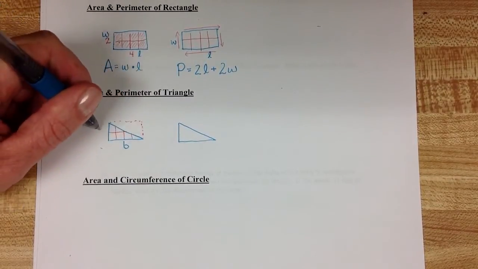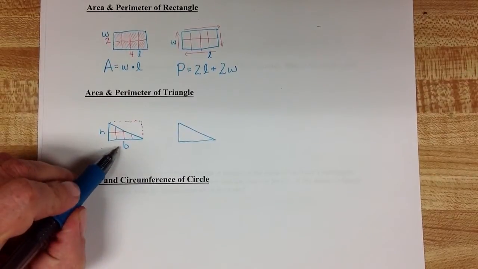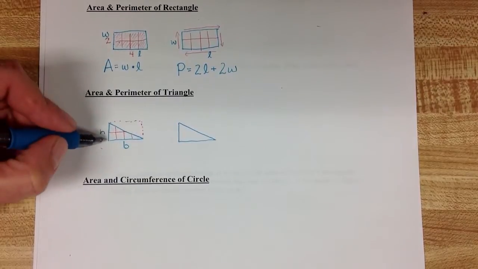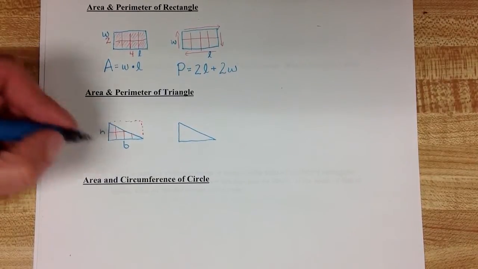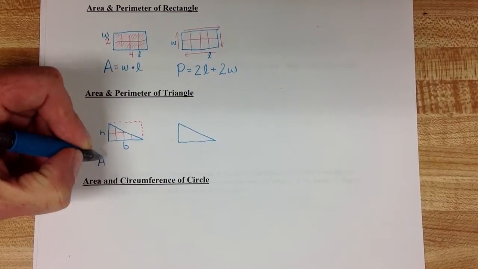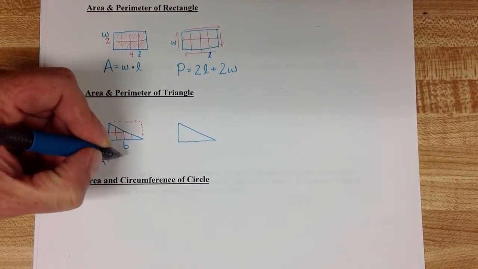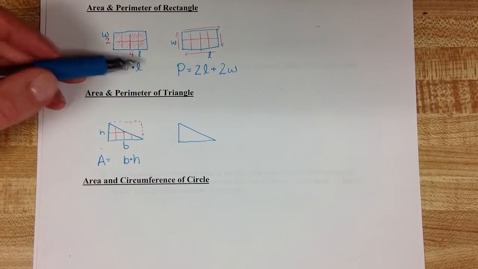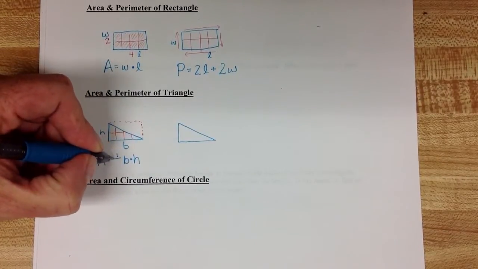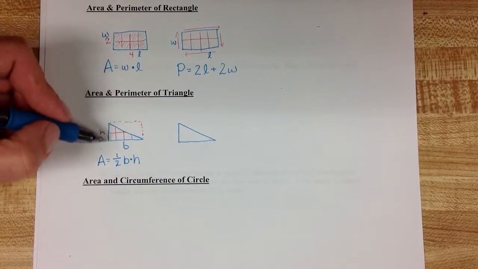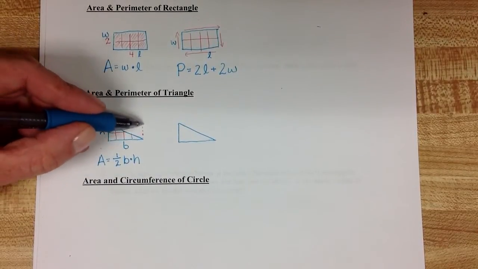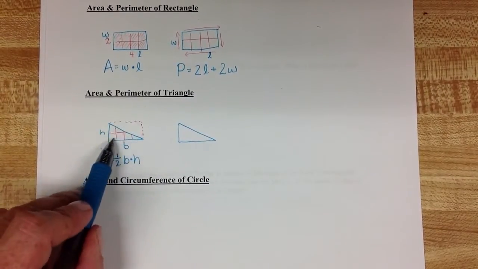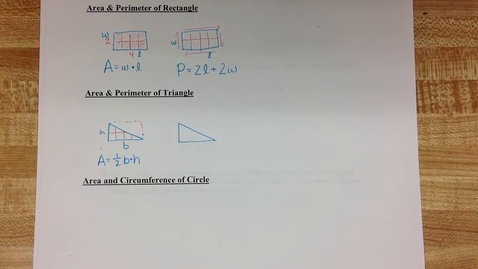I was not around when they named these sides. But in the case of a triangle, they call one of these edges its base and one of these edges its height. So when you're finding the area of a triangle, you multiply its base times its height, just like we did the length times the width, but we only want half of it, because base times height would give us the area of this whole rectangle, and we only want to know the area of half of that rectangle.